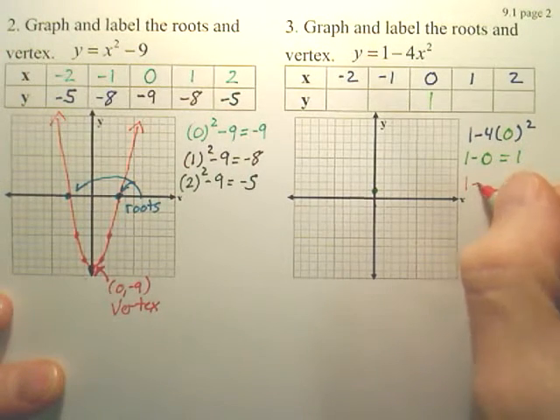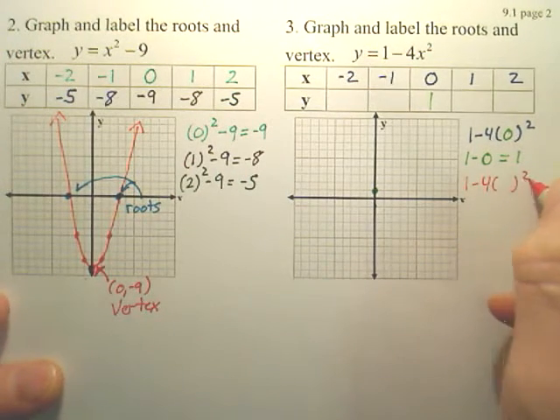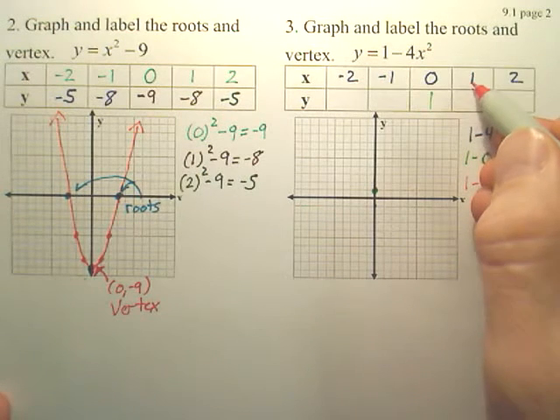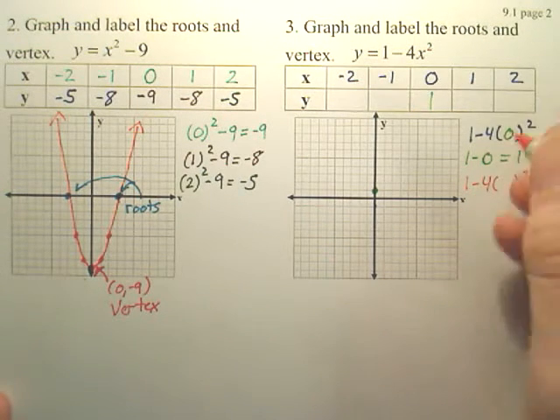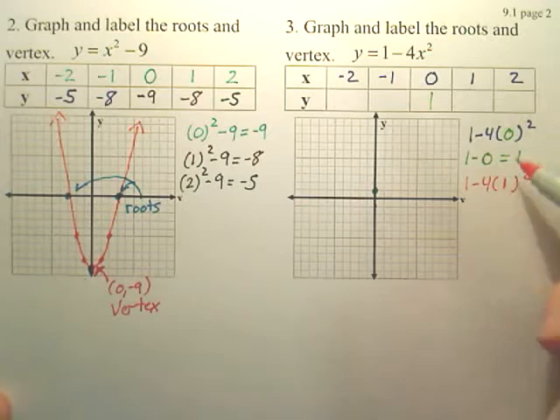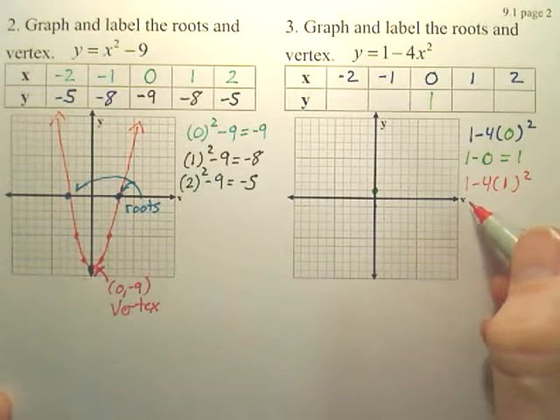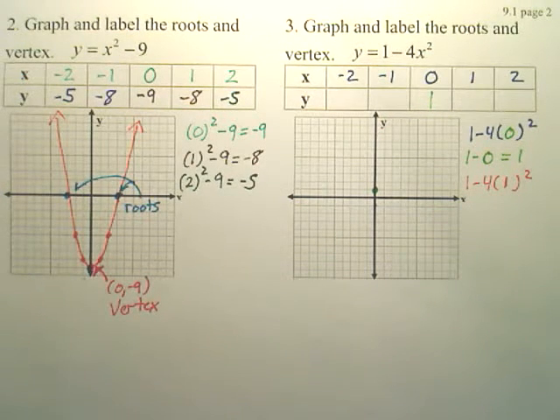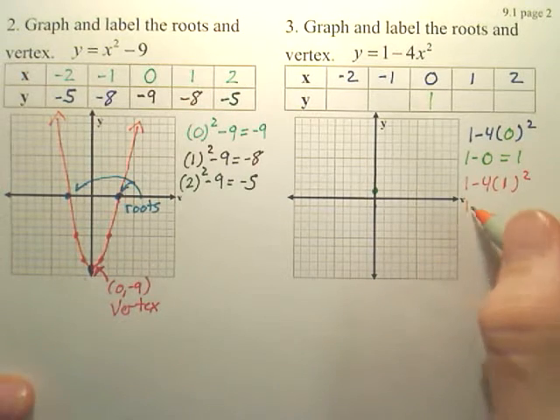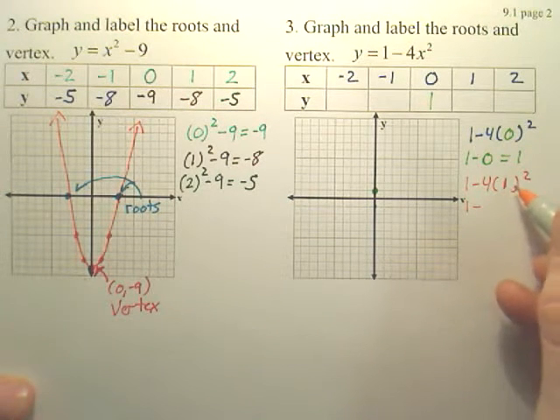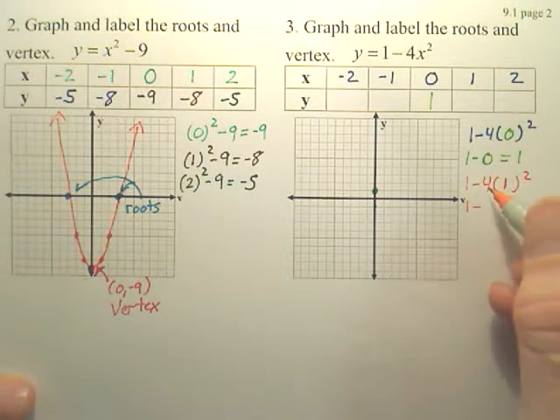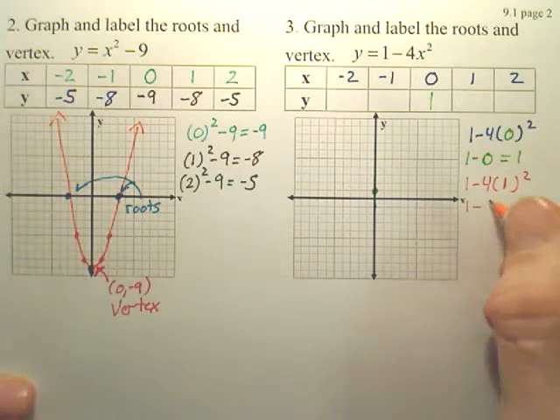If we do 1 minus 4 times something squared, I'm going to plug in 1 for that something. That gives me 1 minus, what's 1 squared? 1 squared is 1. 4 times 1 is 4.